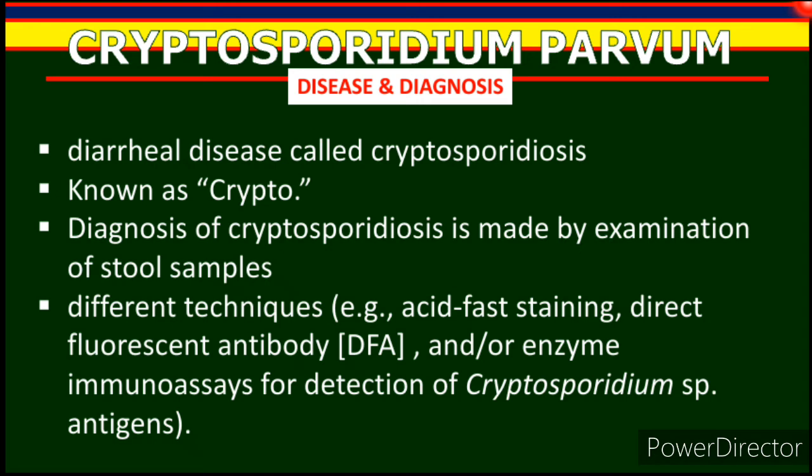Diagnosis for Cryptosporidium is made by examination of stool samples. Because the detection of crypto can be difficult, patients may be asked to submit several stool samples over several days. Most often, stool specimens are examined microscopically using different techniques such as acid-fast staining, direct fluorescent antibody, and/or enzyme immunoassays for detection of Cryptosporidium species antigens.